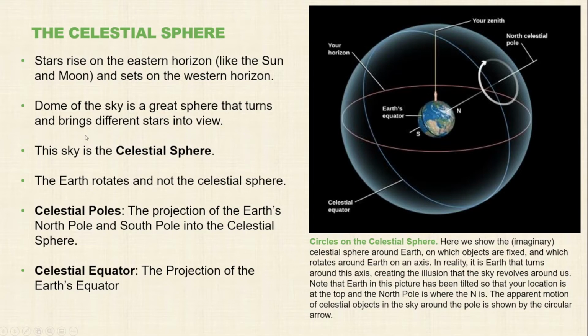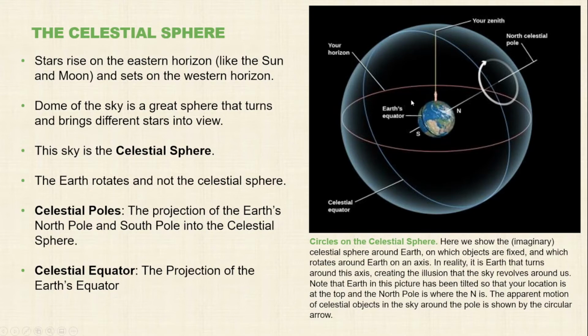So here we now know what the celestial sphere is: an imaginary sphere around the Earth, where objects like stars seem to be fixed in that sphere, and that sphere seems to rotate, rise and set. Along with that, all the stars rise and set. And the celestial poles are the projection of the North Pole and South Pole.